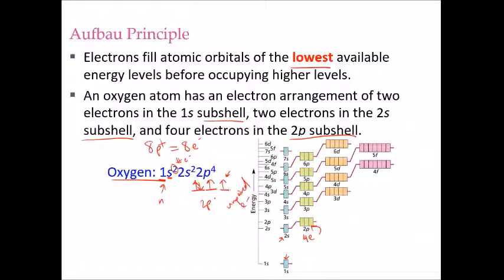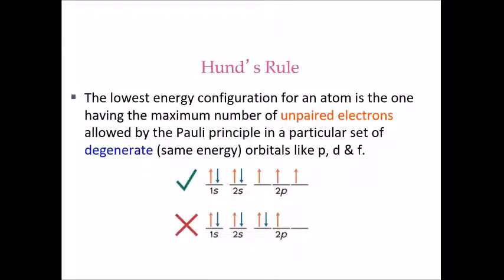You have to be able to determine how many of them are unpaired in a configuration. So speaking of Hund's rule here, looking to unpair the electrons unless you have to pair them up. Remember, electrons are negatively charged. They repel each other anyways, so they would rather be more spaced out if they could be. So this is the example for nitrogen.